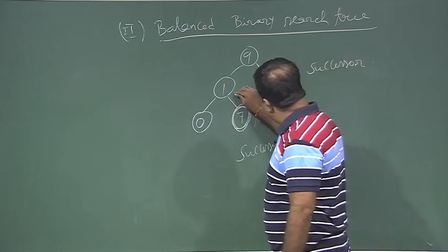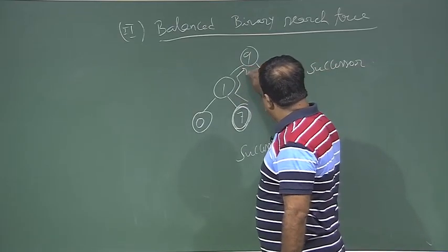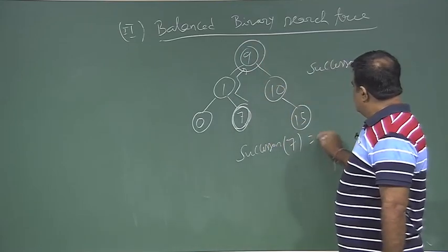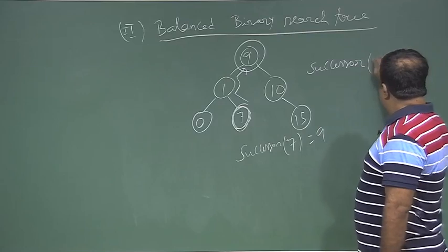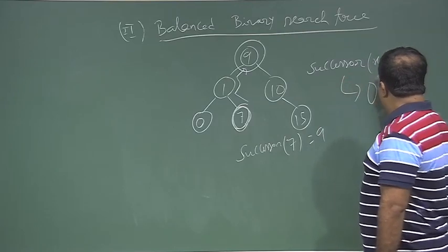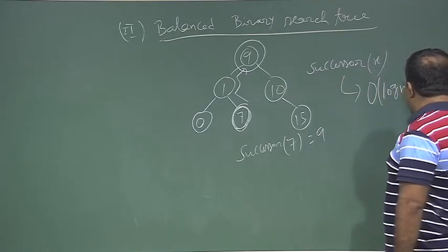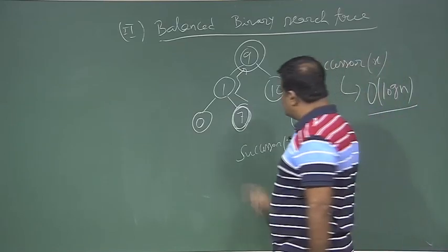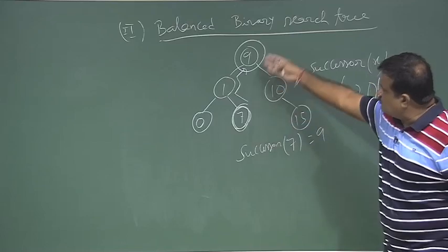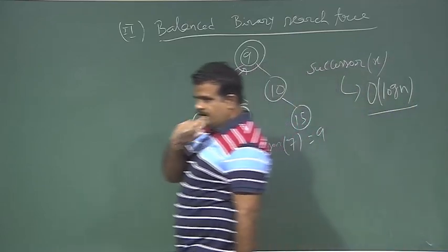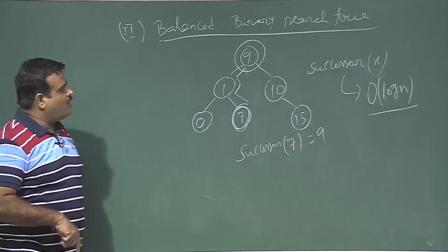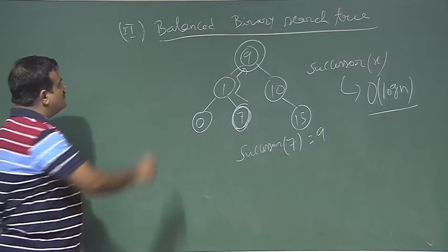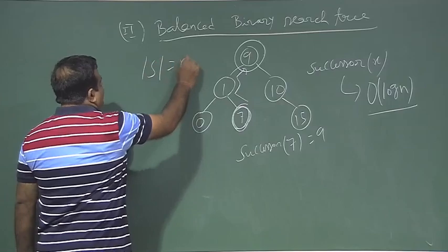We need to go like this. The successor of 7 is 9. So basically we need to go up to the height of this tree. The successor will take order of log n, because this is a balanced tree, so the height will be log n. So the successor query is order of log n, if the size of S is n.